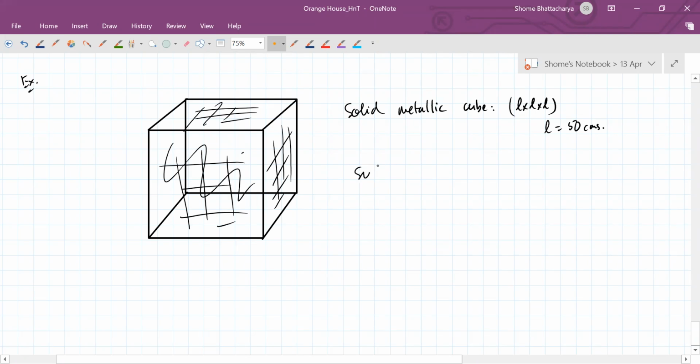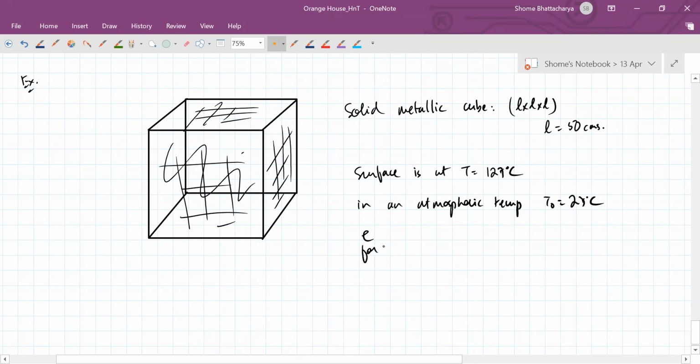Now the surface is at a temperature of, let's say, 127 in an atmospheric temperature of T naught equal to 27 degrees.